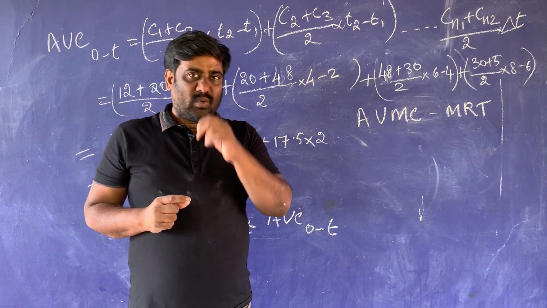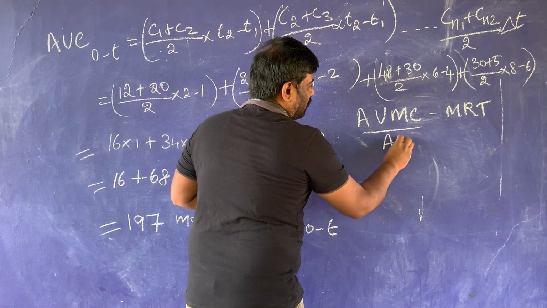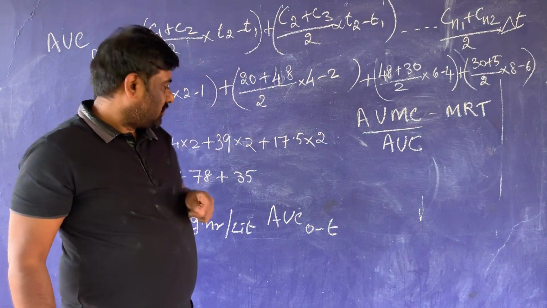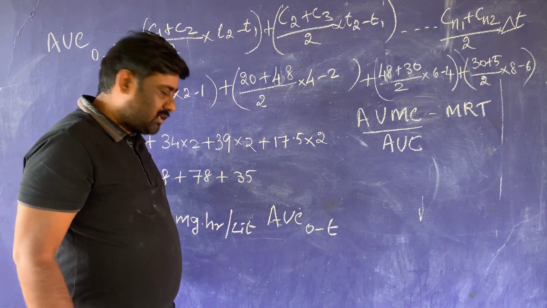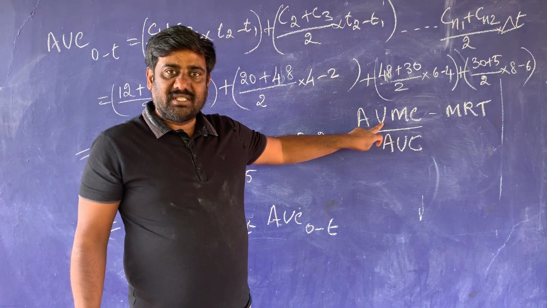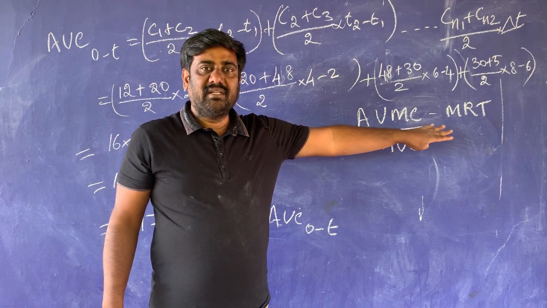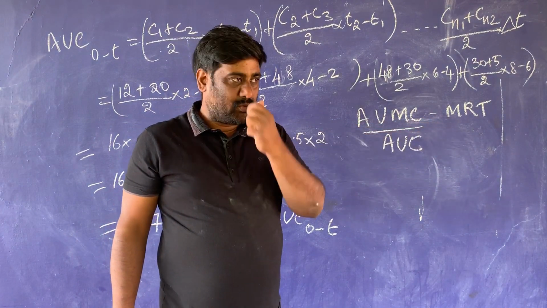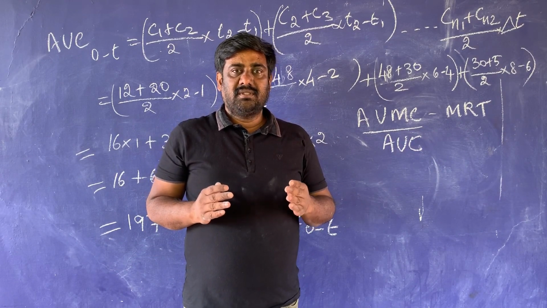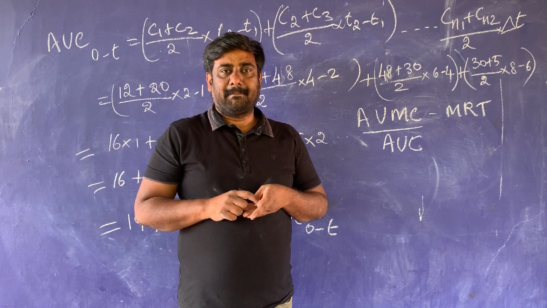So now how to check MRT? AUMC divided by AUC. So now we know AUC is 197. So now we wanted to check AUMC. So when AUMC is checked, we can check MRT, mean residence time. What is mean residence time? It is how long or the duration of drug staying in our body after administration.